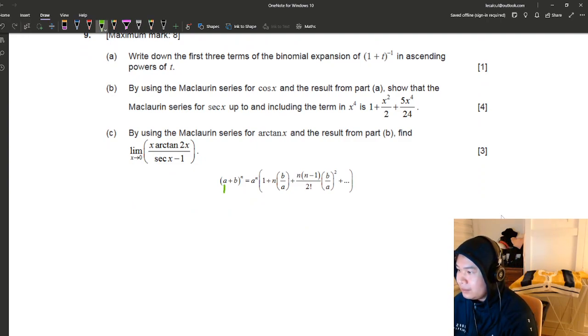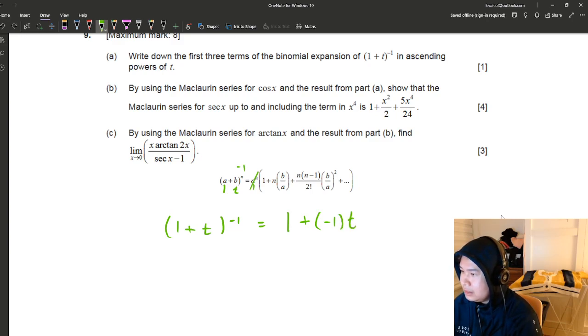Okay, so this is 1, and then this is t, and then this is -1. So that's 1, so that's easy enough. We don't have to deal with that part, because that's all going to be 1. So 1 plus t to the power of -1 is equal to 1 plus -1 times t, plus -1 times -2 divided by 2 factorial, which is just 2, times t squared.